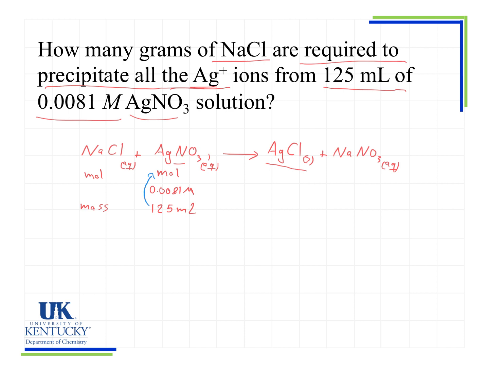How can we use volume and go to mole? We can use molarity, right? So we use the molarity going from the volume, the milliliter, to mole. That's the first step. And then the second step is using the mole bridge, using stoichiometry, to go to the mole of the sodium chloride, and then from mole of the sodium chloride we can go to the mass of the sodium chloride. Okay, so let's do that.